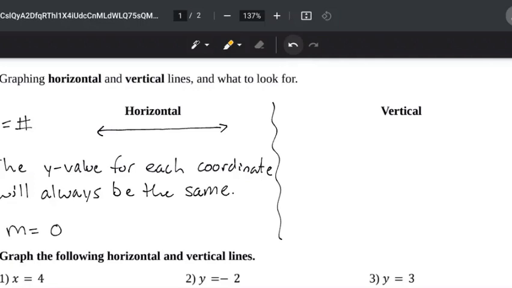And then we have vertical lines. X equals a number. So horizontal, the equation format is y equals a number, and for vertical, it's x equals a number. And when we graph a vertical line, it should be straight up and down.